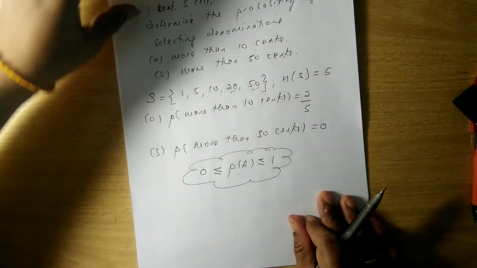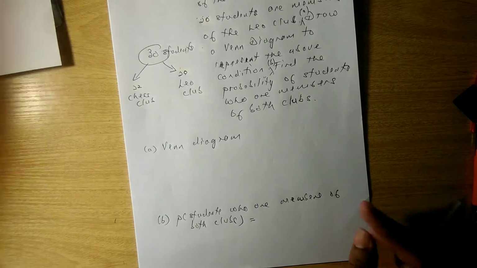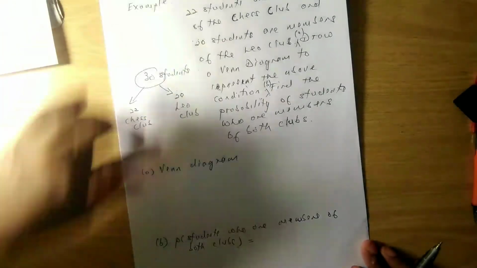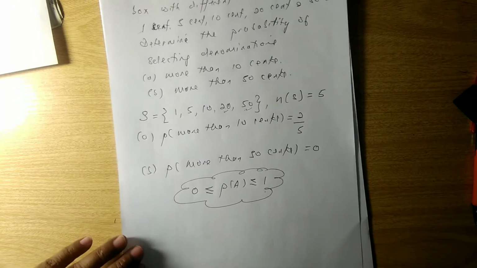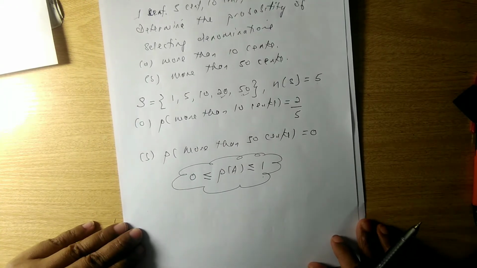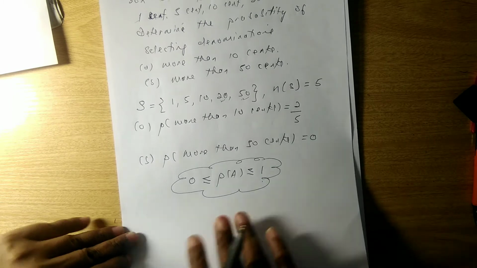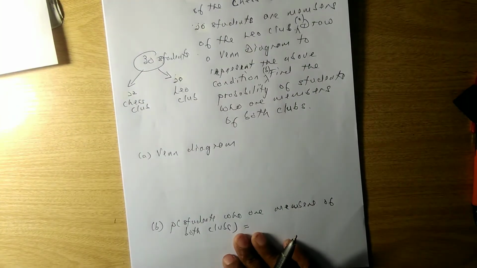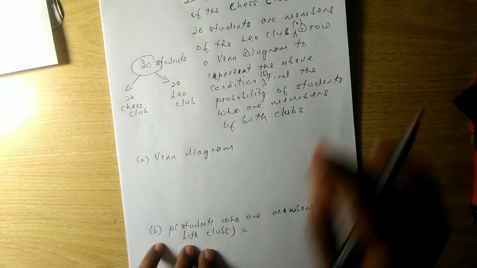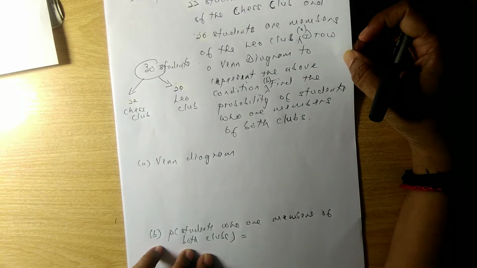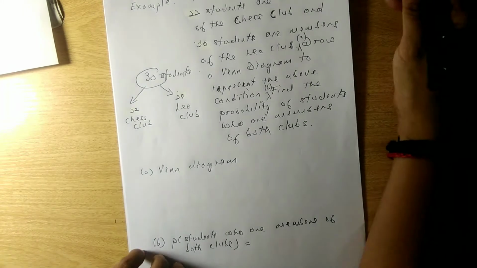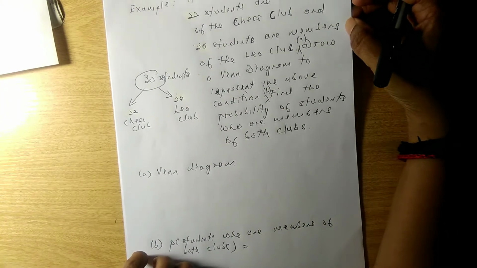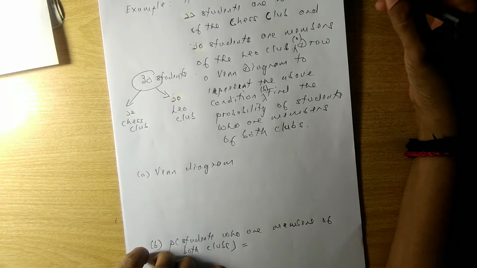Okay, we take one more example. Here we looked at the probability of one situation happening. What happens if you have 2 events happening? Let's take an example. A class has 30 students. Out of these 30 students, 22 of them are members of the chess club.